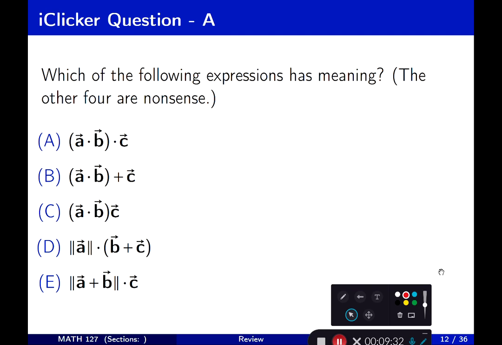iClicker question A. Which of the following expressions has meaning? The other four are nonsense.